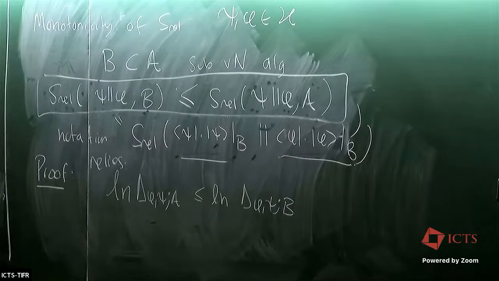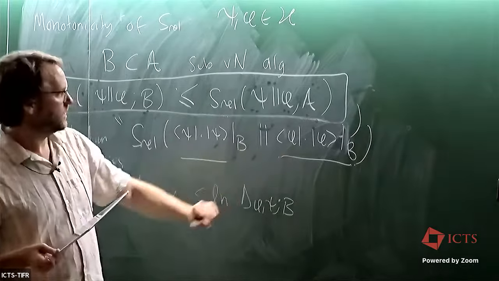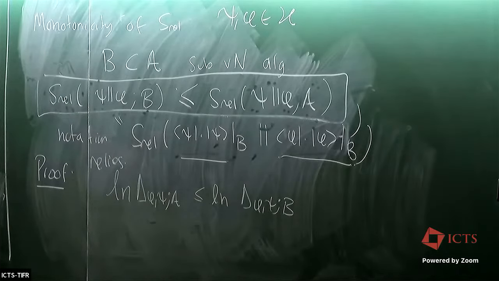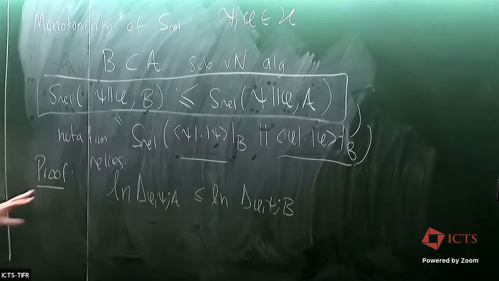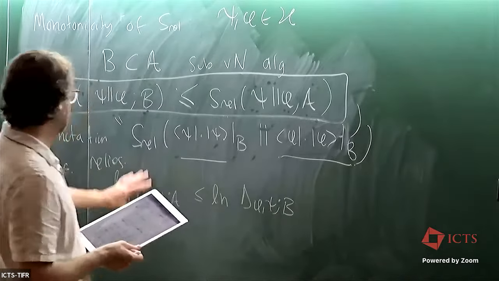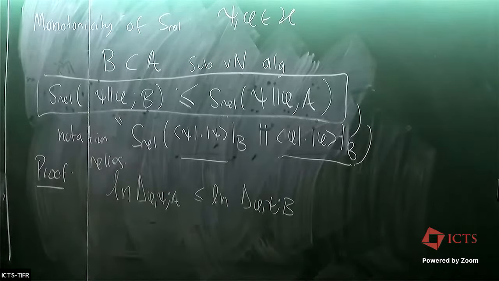That's right, yeah. So you define them on the total Hilbert space, but you define them with respect to the algebras. It relies on this. Okay, so this is a little tricky to establish, but once you do, then it follows.